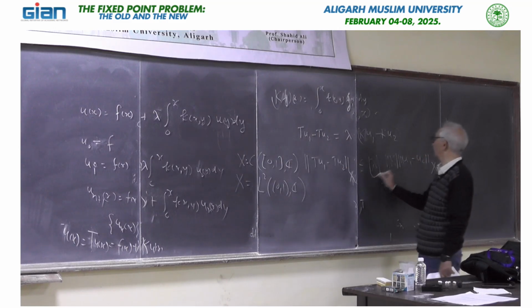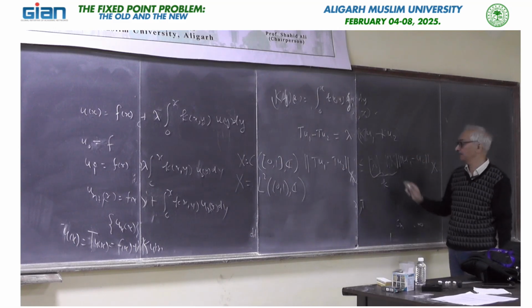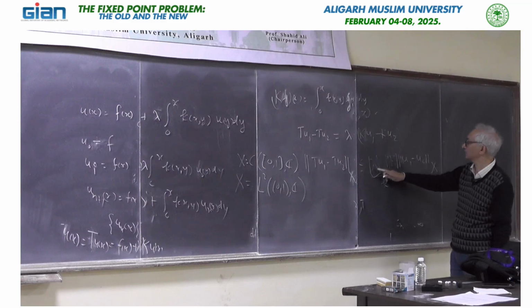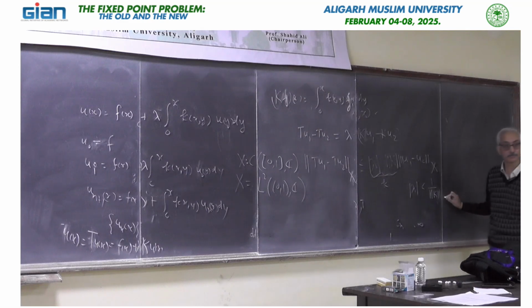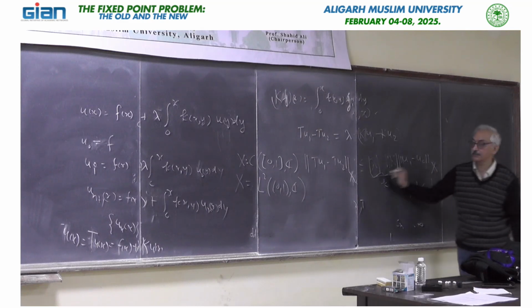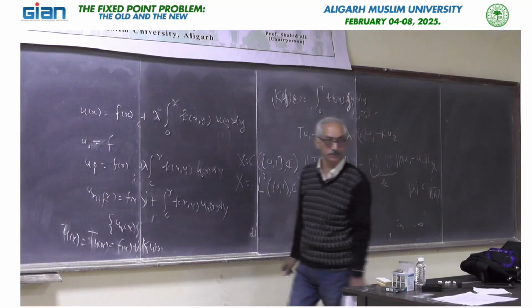If you write this thing as k, then if you choose a small lambda such that mod lambda is less than or equal to 1 over norm k, whatever that norm k is, then you see that this will be a contraction map.